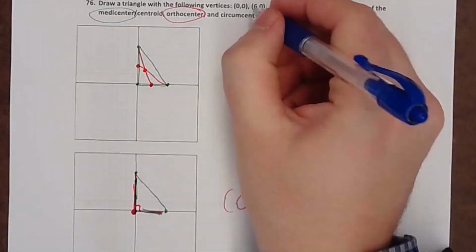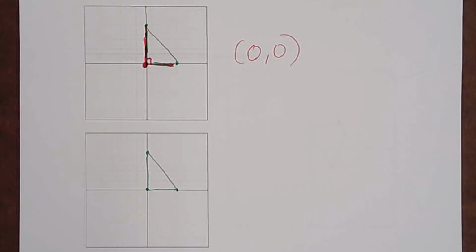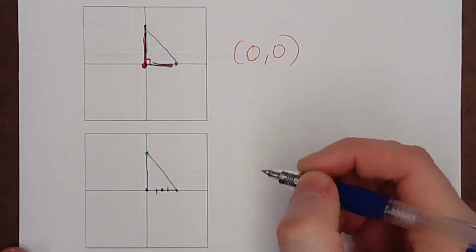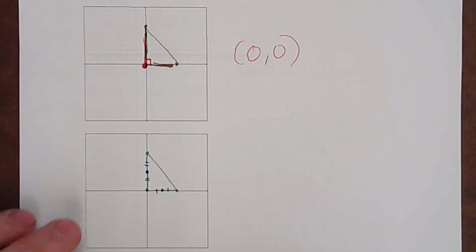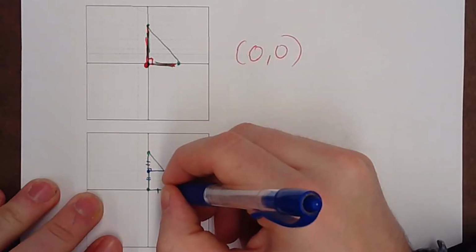Circumcenter. How do we find the circumcenter on a triangle? We need to find where the perpendicular bisectors intersect. So first find the midpoints. Here's a midpoint, 1, 2, 3, 4. Here's the other midpoint. And then we draw a 90-degree line. Well, that's this, and that's this.